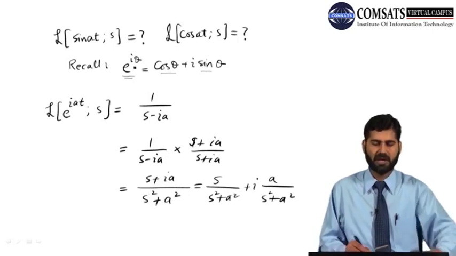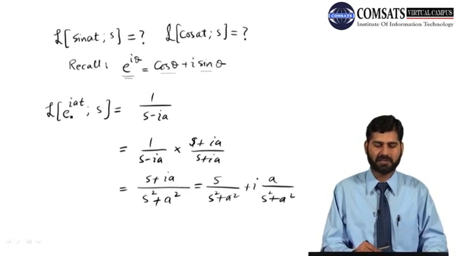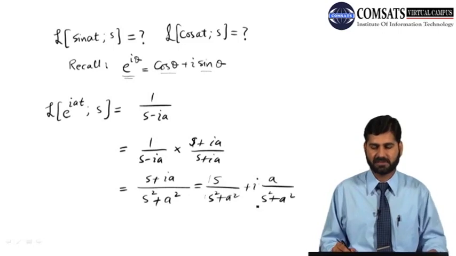Now cosine is the real part of this e to the iota at, so this will be the transform of cosine and this will be the transform of sine.